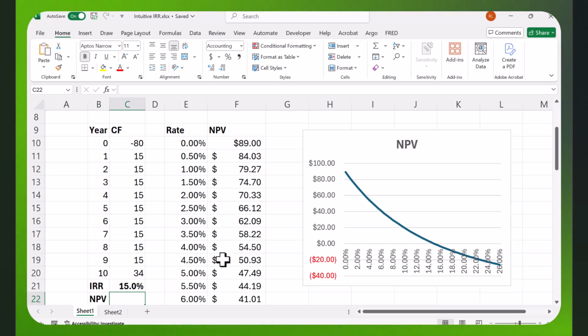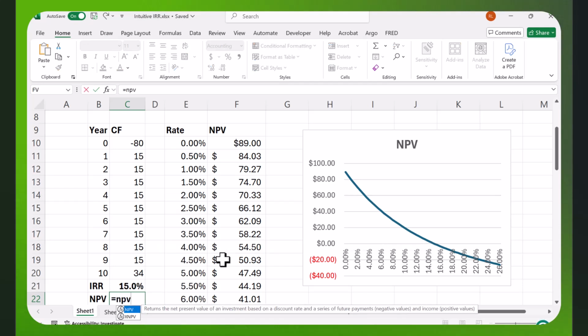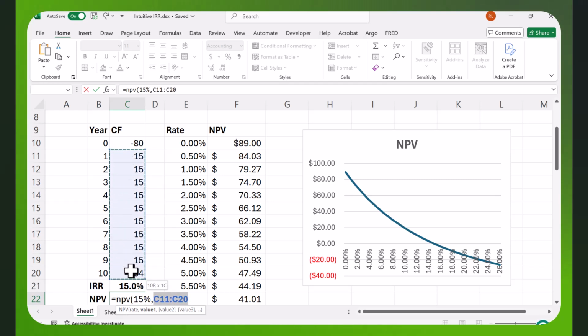We can check and calculate the NPV using that interest rate and see if it's about zero. So I'm going to say equals NPV, and I'm going to use the 15%, and these cash flows. Now keep in mind, when you use the NPV function in Excel, it doesn't calculate NPV. It calculates the present value of the cash flows.